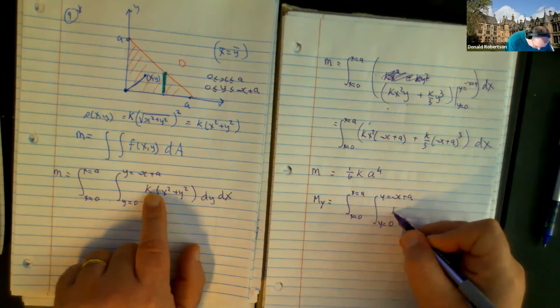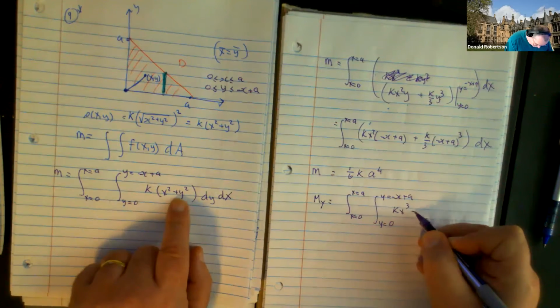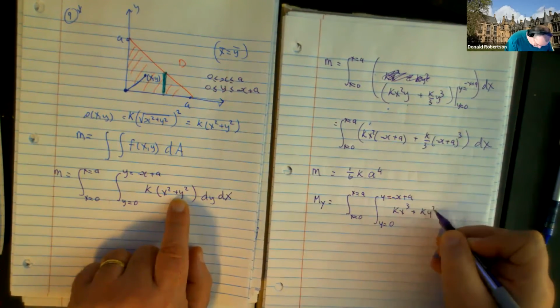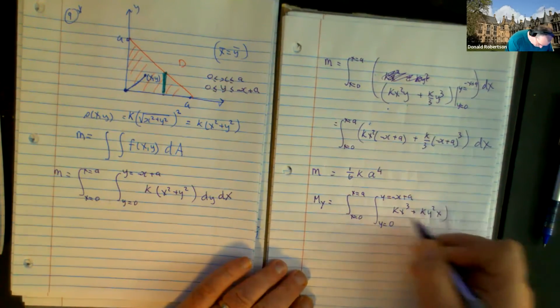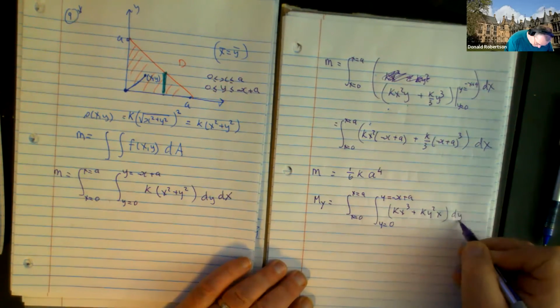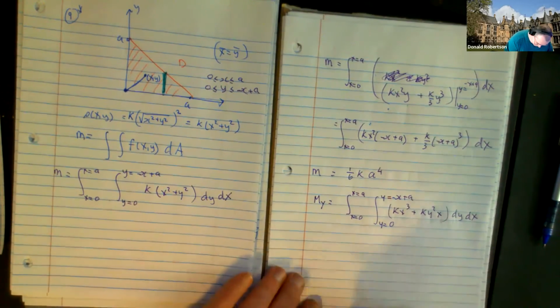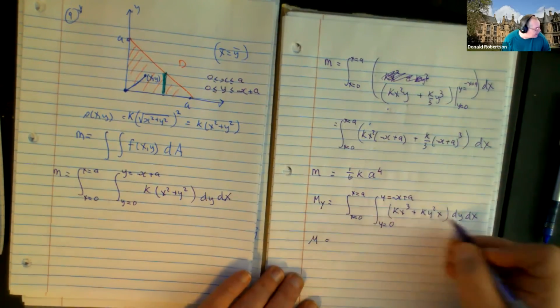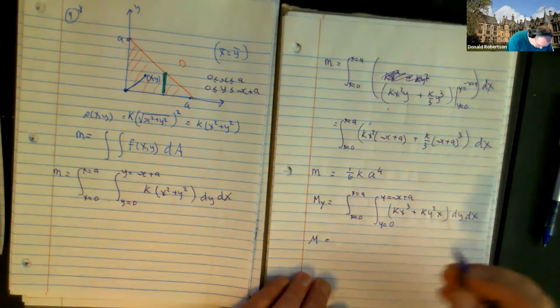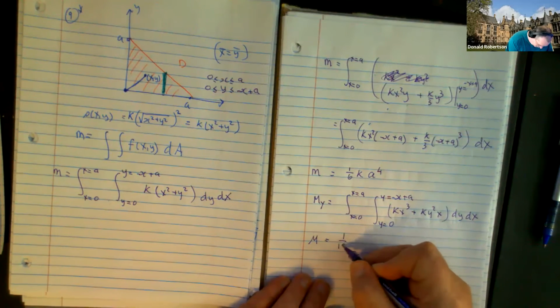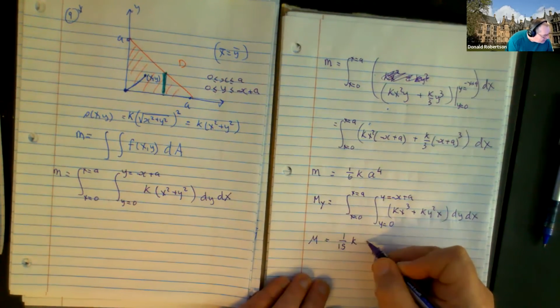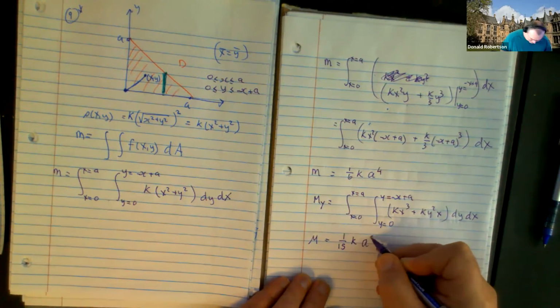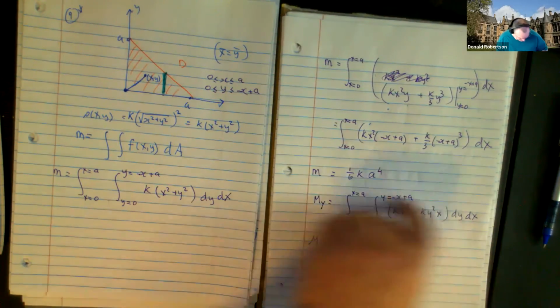So it's going to be kx cubed plus ky squared x dy dx. And if you do all of that, you get 1/15 k a to the 5. You're just going to have to trust me, but that's what you get.